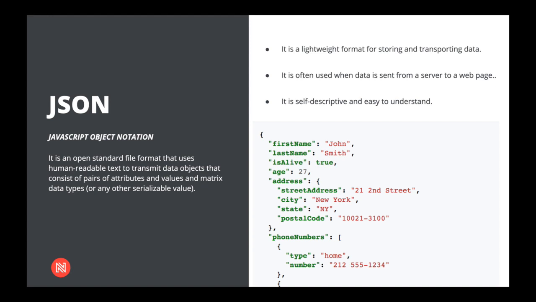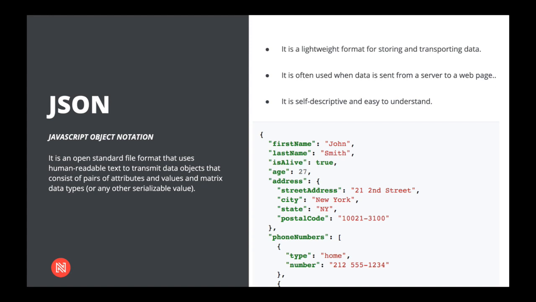For example, here we can see that we have data from a person. The first name is John, last name Smith, is alive. We have a boolean to say that it is true. We can see his age, that is 27, and also we can see the address.